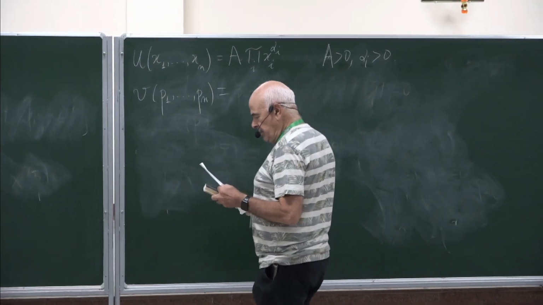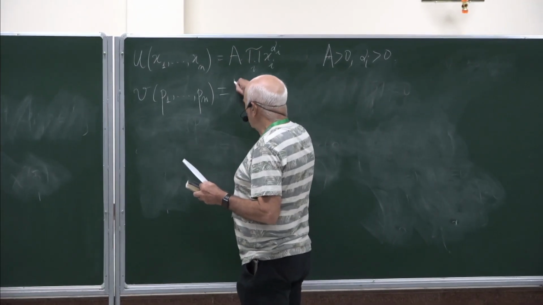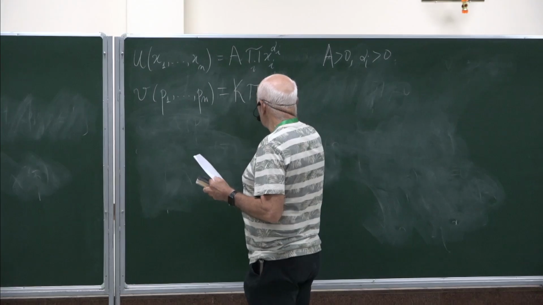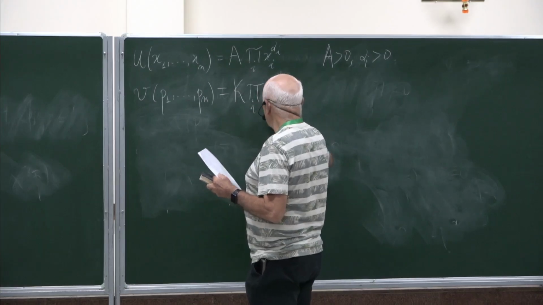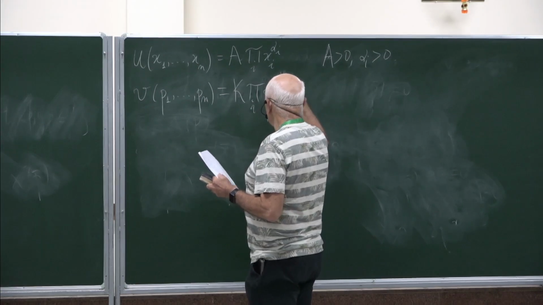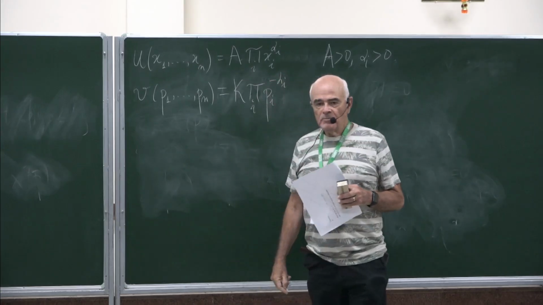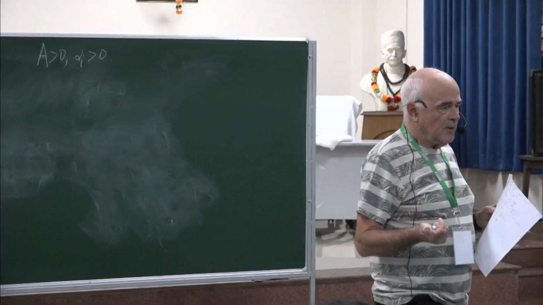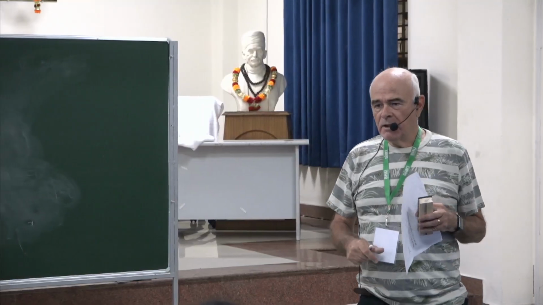And we computed the indirect utility function, and we found that it is of the type k times the product of p_i to the power minus alpha_i, for some constant k, which depends on A and the alpha_i's. But I don't need the precise expression for k now.